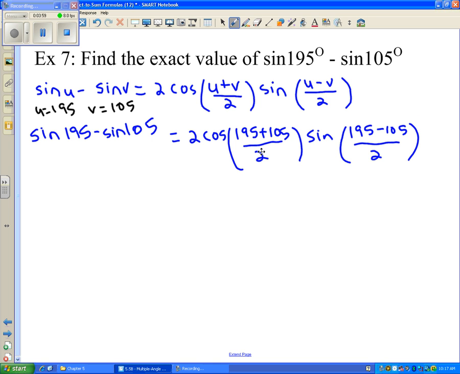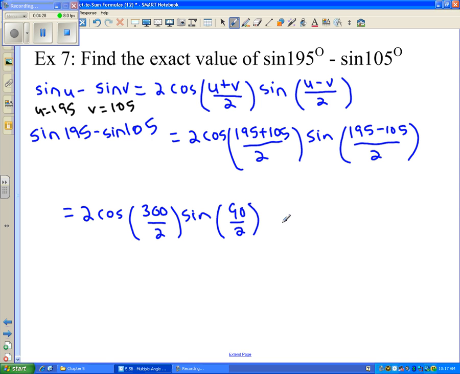And now it's just a matter of combining some like terms and finding out what the cosine of a particular angle is. I end up with 2 times the cosine of 195 plus 105, which gives me 300 over 2, times the sine of 90 over 2.